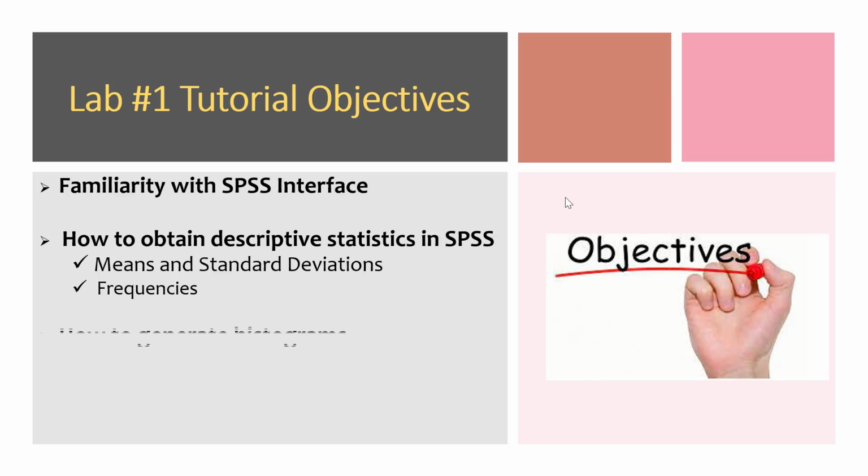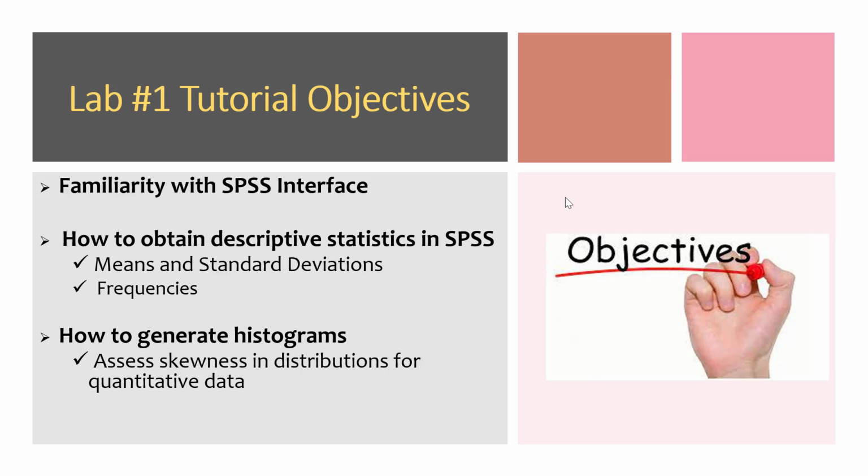A third objective is for you to learn how to generate your histograms, because histograms help us gauge how skewed the distributions in our quantitative data are. So when you are looking at your quantitative data, you want to know whether your data approximate a normal distribution or whether they are skewed positively, negatively, or if you have a bimodal distribution.